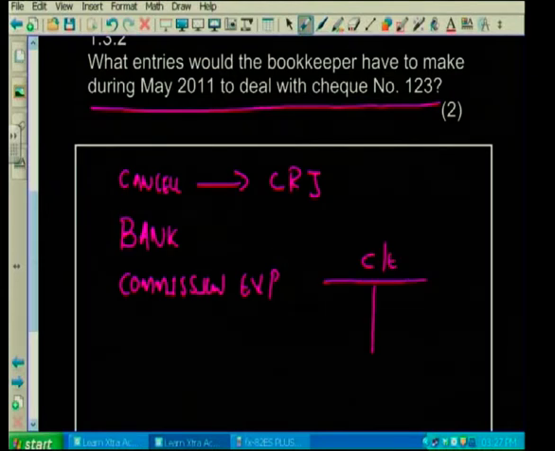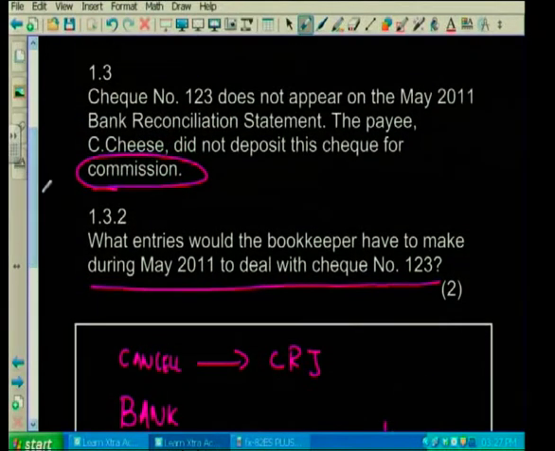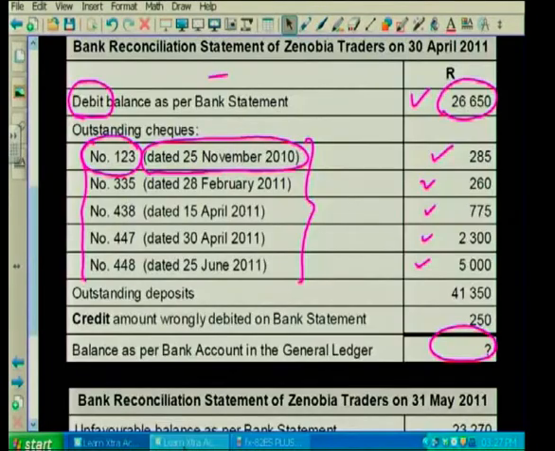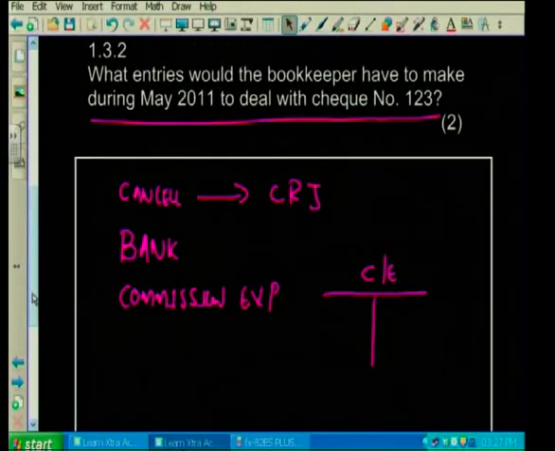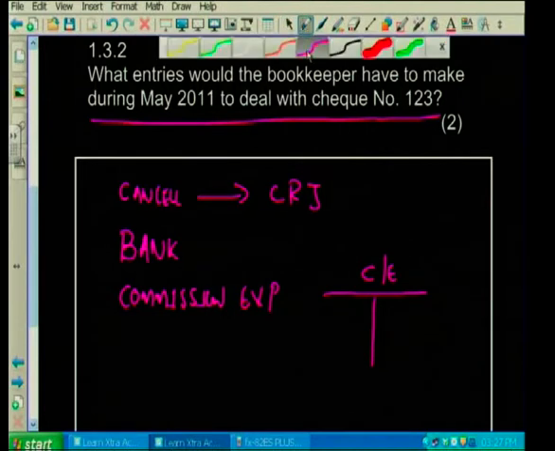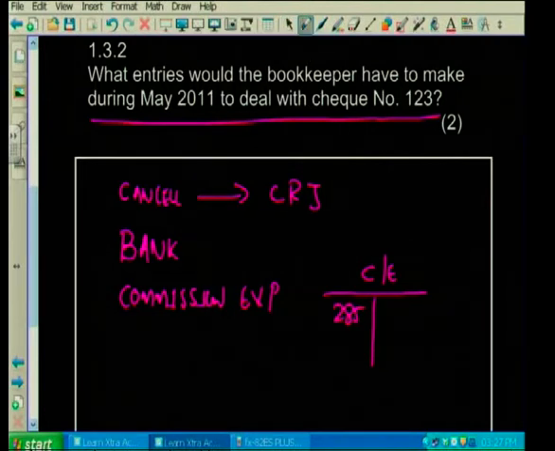If this is my commission expense, it was initially debited, and the amount of the check was 285 Rand. Therefore, what are we saying? The initial check was a debit of 285, and the cancellation is a credit of 285. Notice you are cancelling this expense. That's the purpose. That's the reason for the entry in my cash receipts journal. Got that? Brilliant. Let's move on.